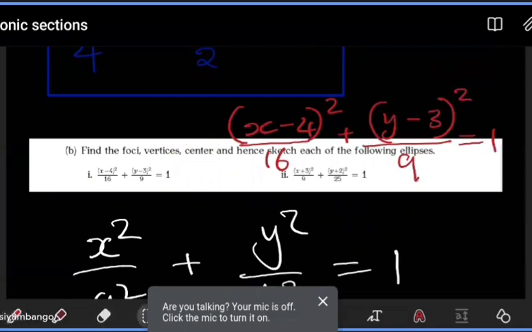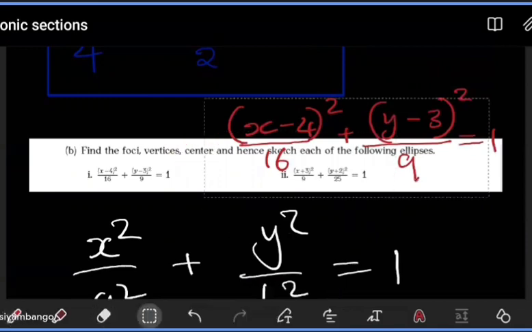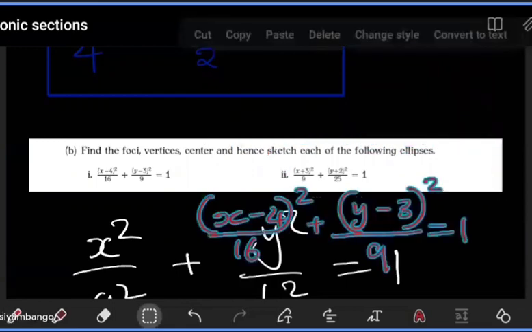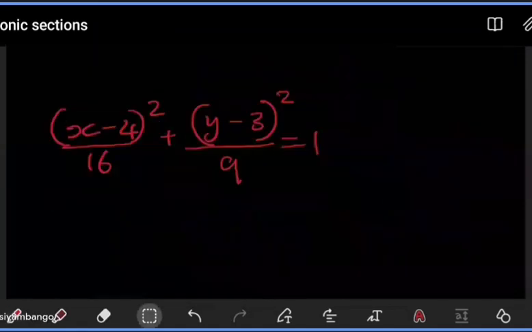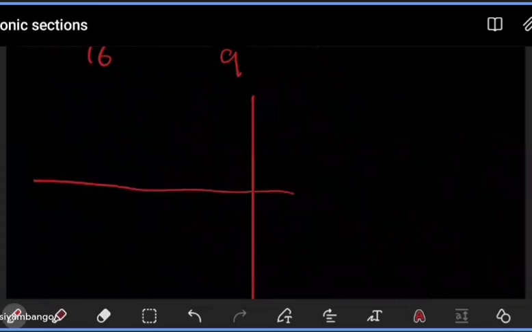Sketch. So how do we approach this type? The approach is really similar. The only difference is now we're not at the origin. So like before, I want to start with a sketch, so let me create the coordinate plane.